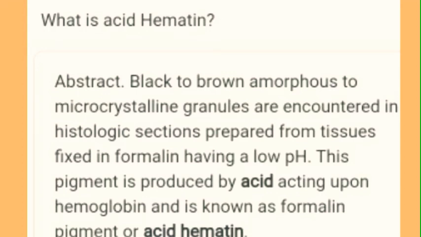Black to brown amorphous to microcrystalline granules are encountered in histologic sections prepared from tissue fixed in formalin having a low pH. This pigment is produced by acid acting upon hemoglobin and is known as formalin pigment or acid hematine.